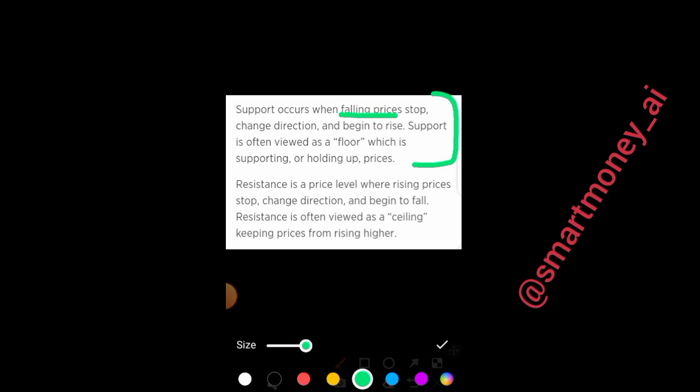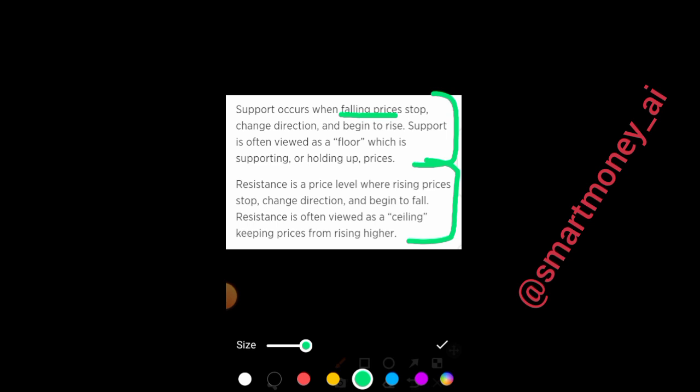Now let's go to resistance. Resistance is a price level where rising prices stop, change direction, and begin to fall. Resistance is often viewed as a ceiling, keeping prices from rising higher.